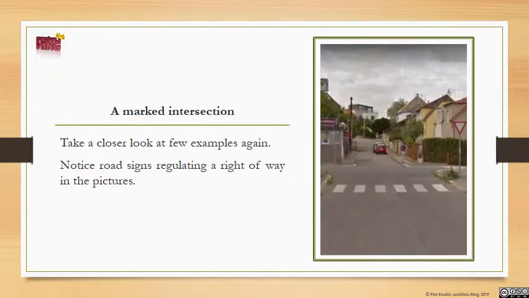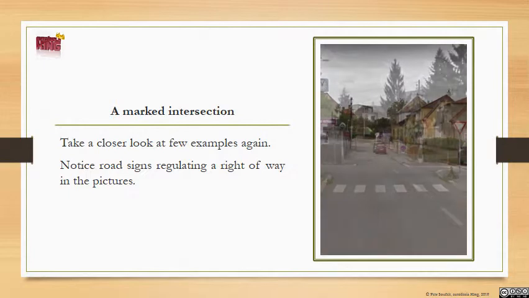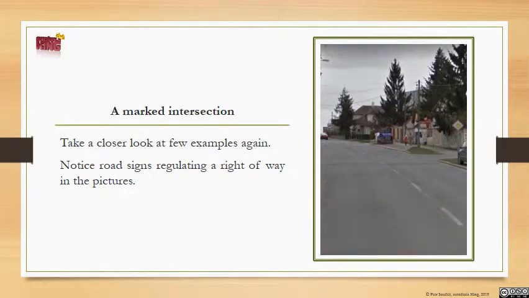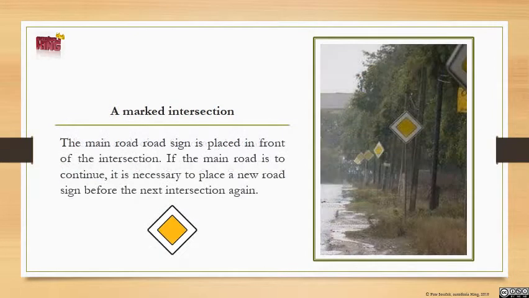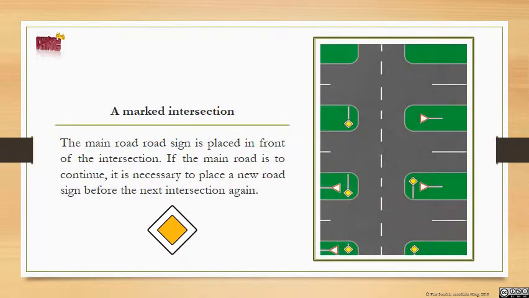Notice the road signs regulating right-of-way in the pictures. The main road sign is placed in front of the intersection. If the main road is to continue, it is necessary to place a new road sign before the next intersection again.